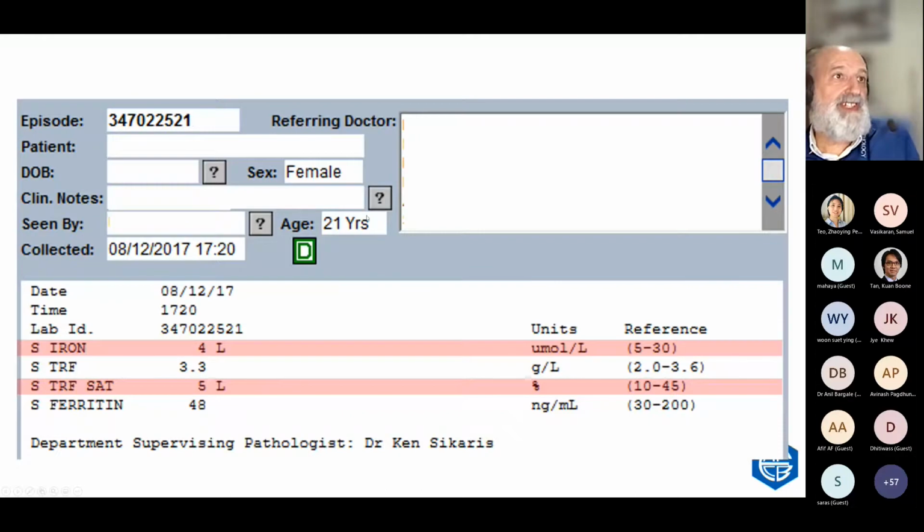Okay, so here's a 21-year-old girl. She's got low iron saturation. She's got a normal ferritin level and a normal transferrin level. So what can cause a low saturation? If you remember the slide that I put down before, you might have put together that a sample taken at 5:20 in the afternoon may be affected by diurnal variation.